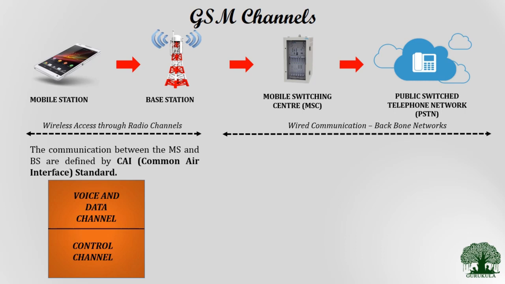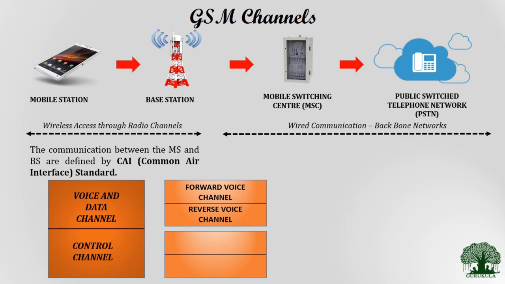Furthermore, this voice and data channel is further classified into 2 halves: the first one we call the forward voice channel, and the second one the reverse voice channel. Similarly, the control channel is also classified into 2 halves, the forward control channel and the reverse control channel. The necessity for dividing the channel into 4 like this is that each channel carries traffic in one direction.